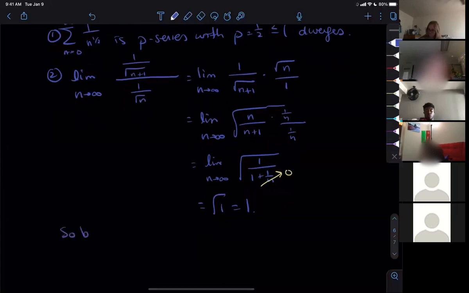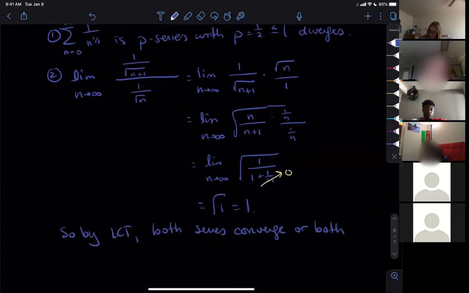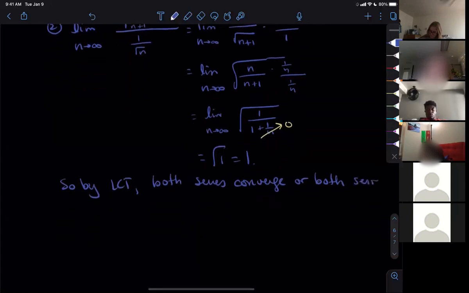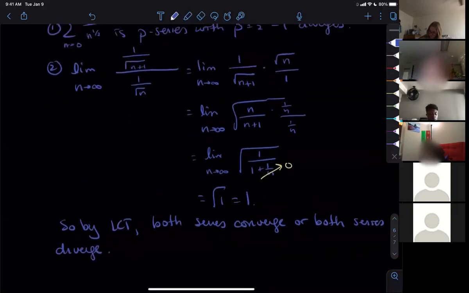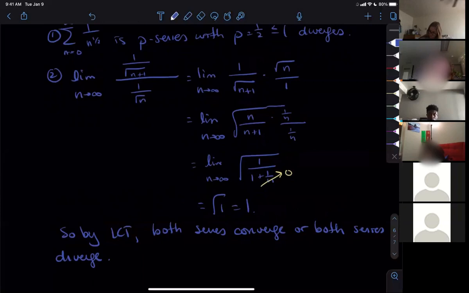So by the limit comparison test, both series converge or both series diverge. And since the one we know about diverges, the other one diverges too.